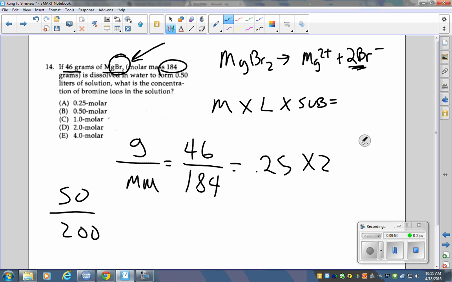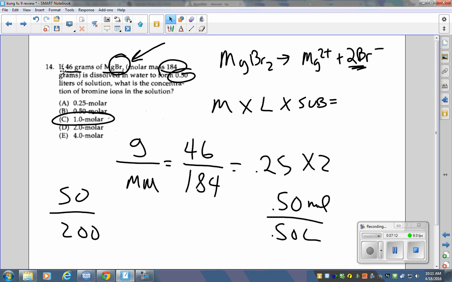So M times L times subscript. So really, I have 0.50 moles of Br-, and they want to put it in 0.5 liters of solution. So my molarity of Br-, moles over liters is molarity. I do 0.5 moles of Br- over 0.5 liters, and my molarity comes out to be 1.